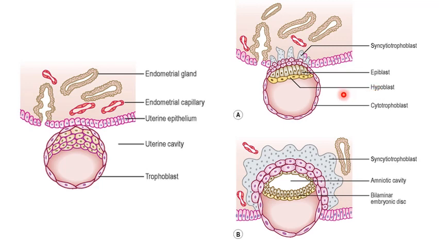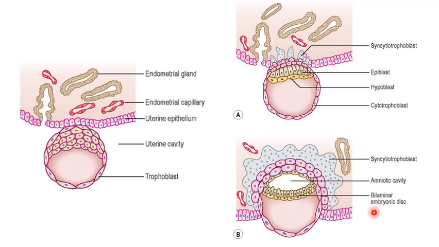Then a cavity will appear between the trophoblast, that is the cytotrophoblast, and the epiblast. This is the epiblast, this is the cytotrophoblast. A cavity will appear, and this cavity is called the amniotic cavity, and below this will be the hypoblast. So what is it forming?